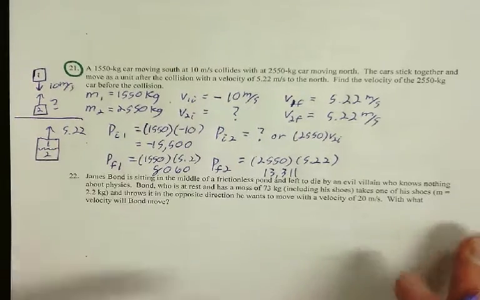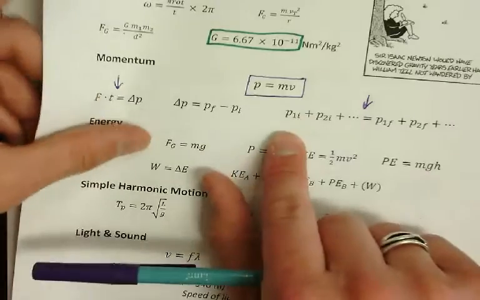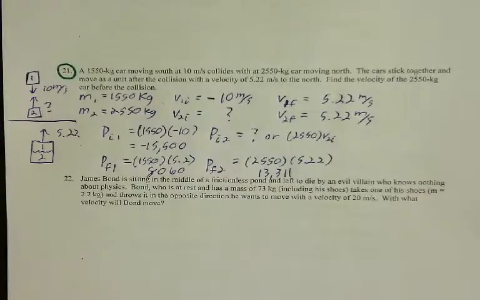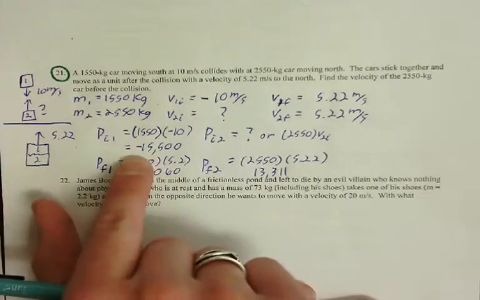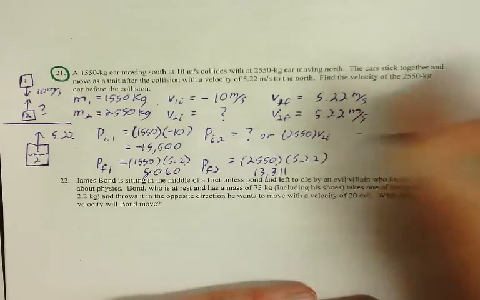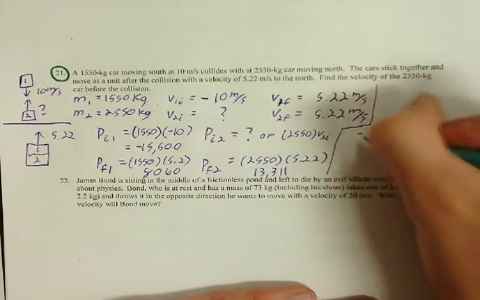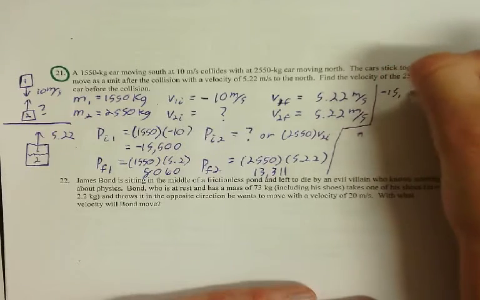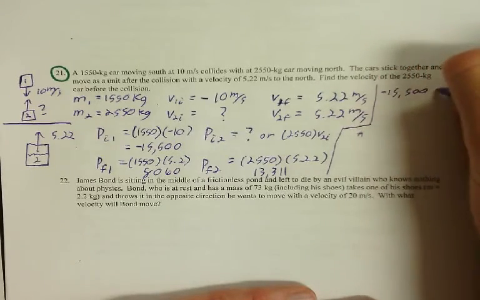So now I'm going to add up together my equation. Initial of 1 plus initial of 2 equals final of 1 plus final of 2. So initial of 1 is here, and I'm going to break this up a little bit. So the initial of 1 is negative 15,500 plus the initial of 2.